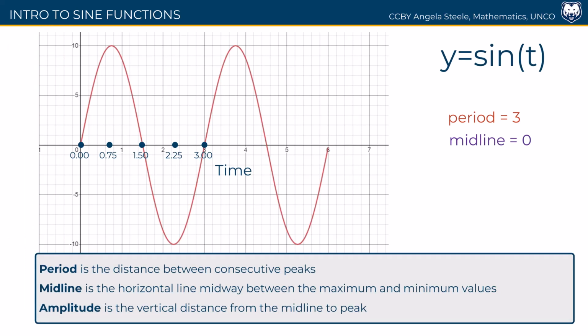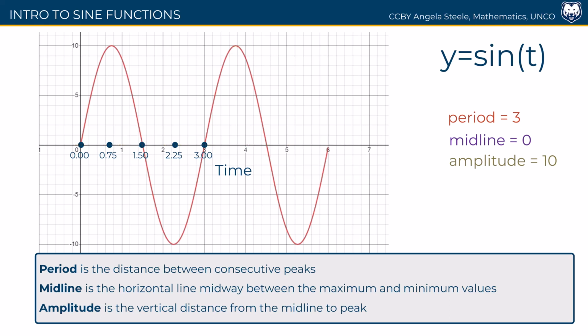All right, and then the amplitude is the vertical distance from the midline to the peak. Again, there's two ways to think about this one. The definition here is that we are going from our midline, which we just discovered was at 0, and then our peak occurred at 10. So the distance between the 0 and the 10 is going to be 10. So that means our amplitude is 10.